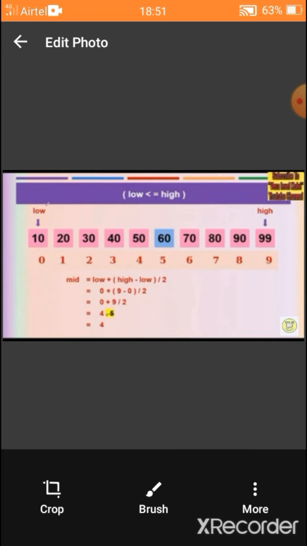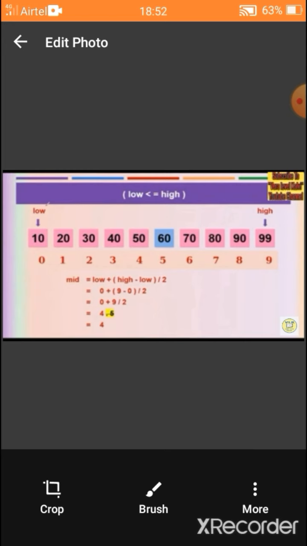Is it clear? After getting the answer for division, we add the lowest index value, plus 0. We get the value 4. So now the middle value is 4. In the fourth index, we have the value 50.